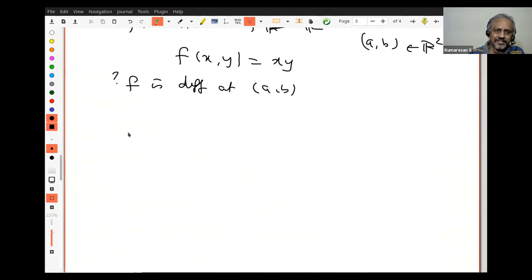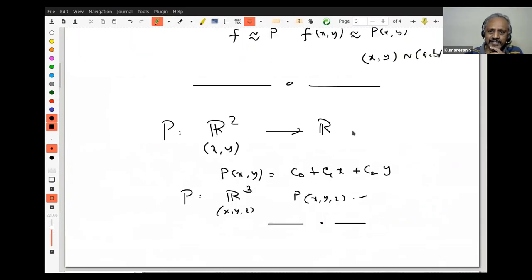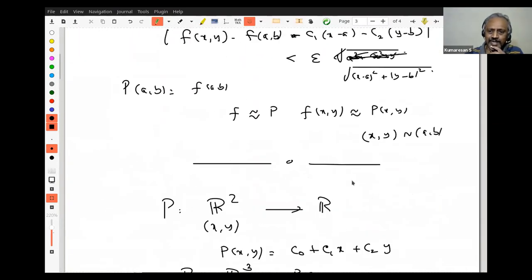What I will do is, I have to approximate f of (x, y) if x and y are near. I have to estimate f of (x, y) minus f of (a, b), simplify this, and try to estimate. Then I want a first degree polynomial in x minus a and y minus b, so I will collect it.